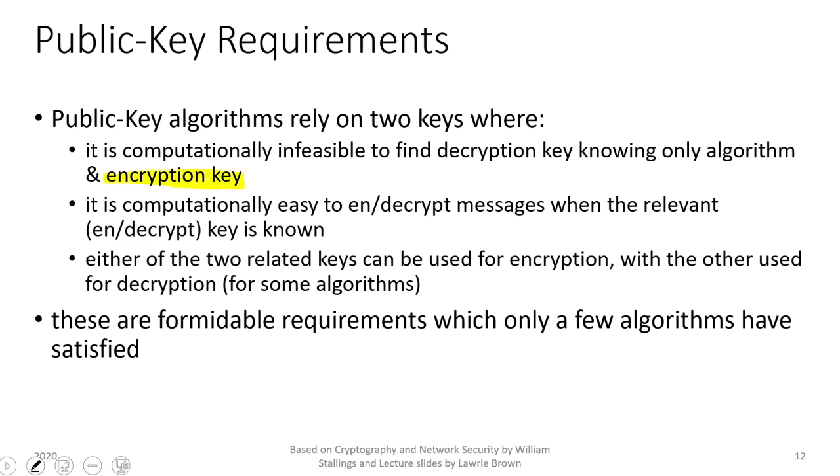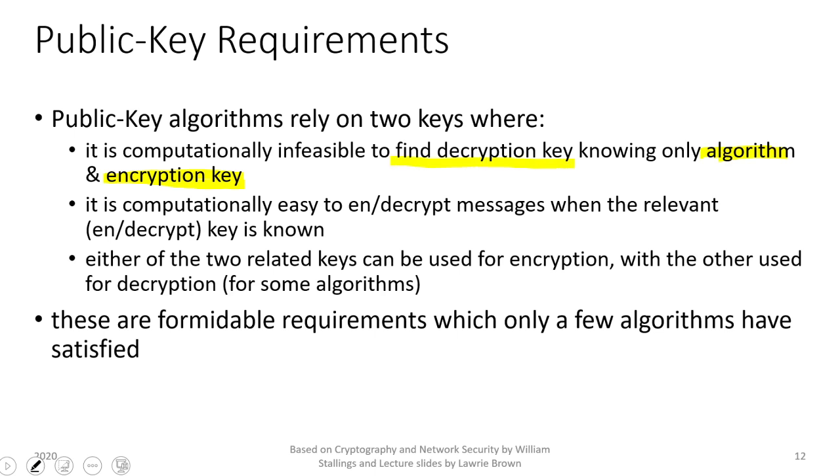So if we know that key and also we know the algorithm that is used, one of the previous algorithms, if we know these two pieces of information, can we find the decryption key?